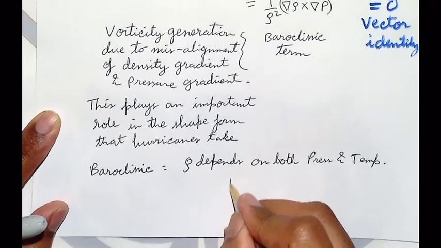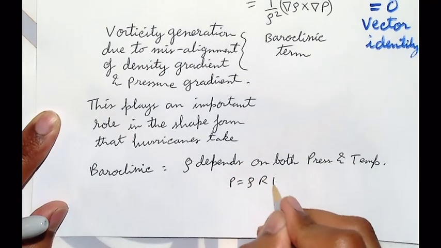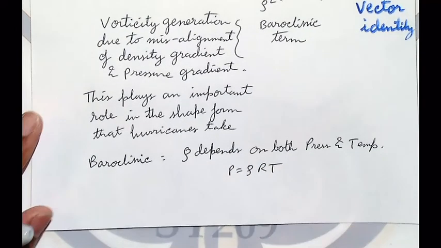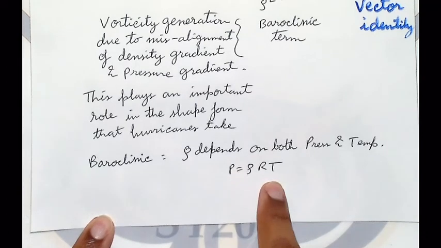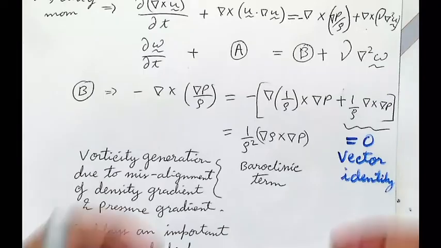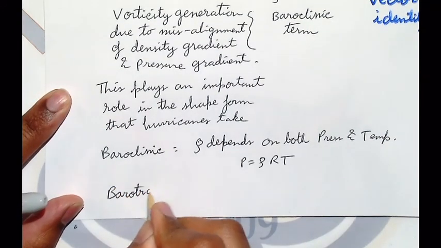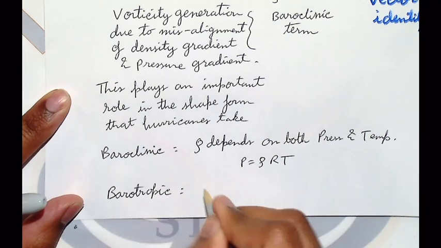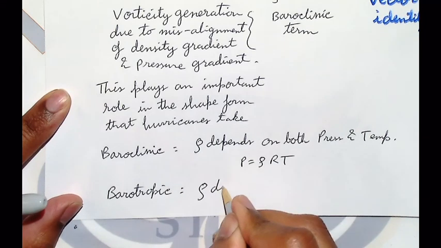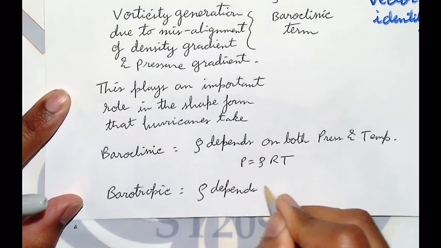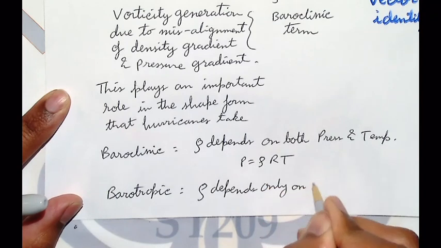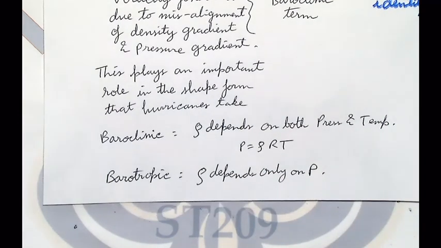Remember, P equals rho RT is the ideal gas law. So if rho depends on both pressure and temperature, you can have this misalignment. In barotropic conditions, rho depends only on pressure. So whenever you see baroclinic atmosphere, barotropic atmosphere, this is what is meant.